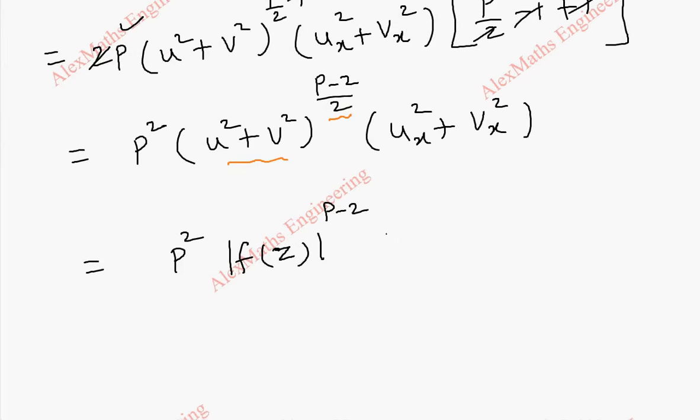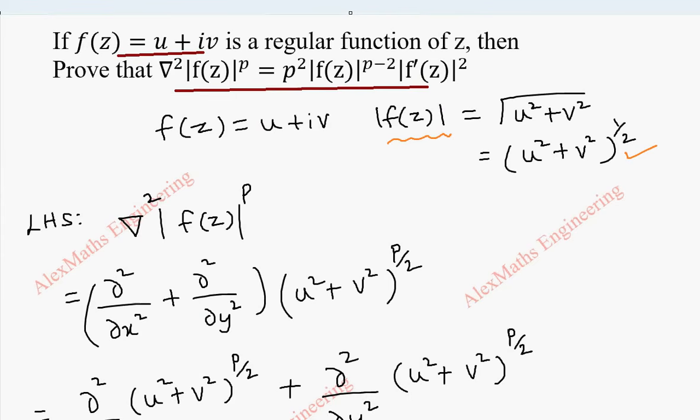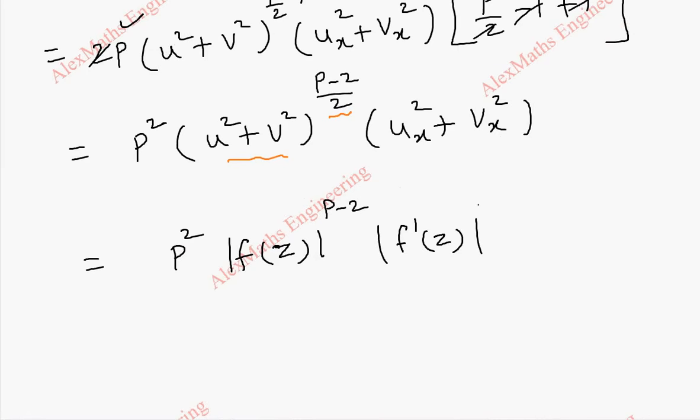And this is f dash of z with modulus, because we have square. So we don't have root. So this can be written as mod f dash of z whole square, because modulus means we have root of real part square plus imaginary part square, but we don't have the square root here.